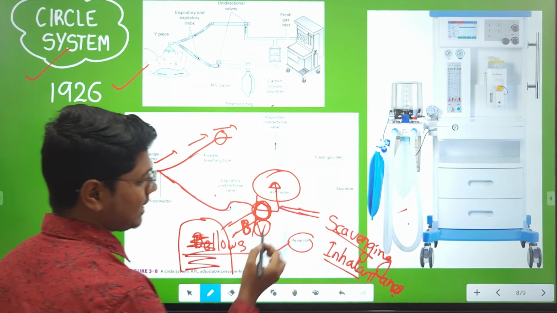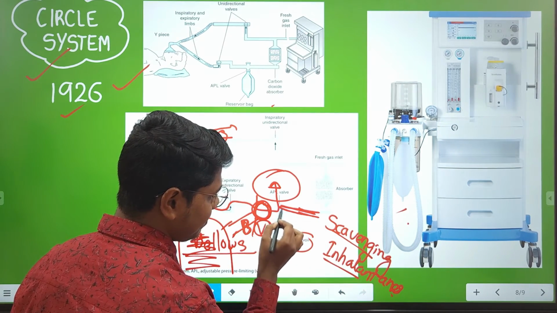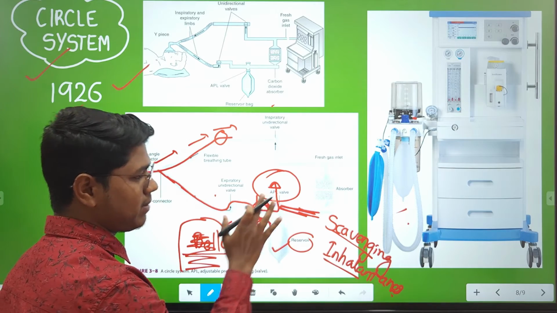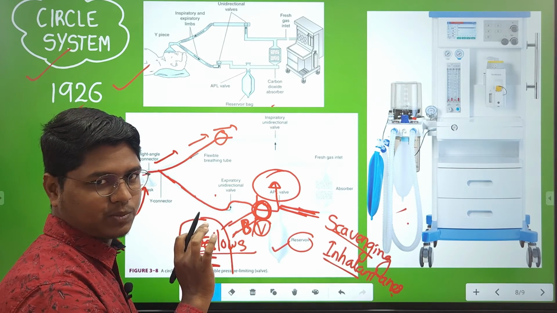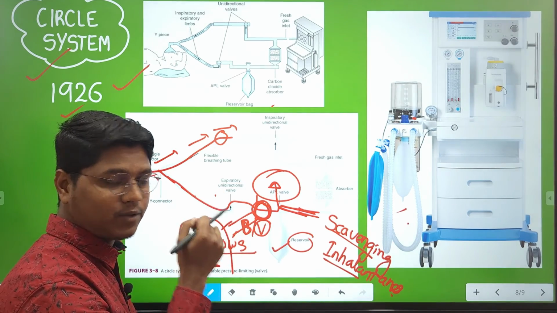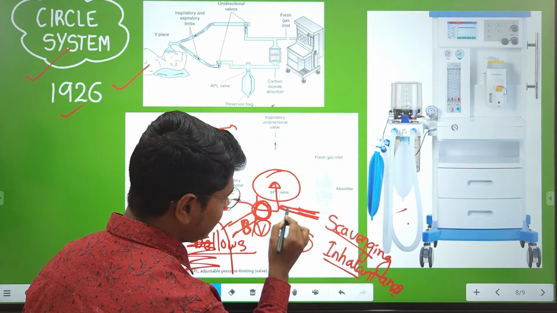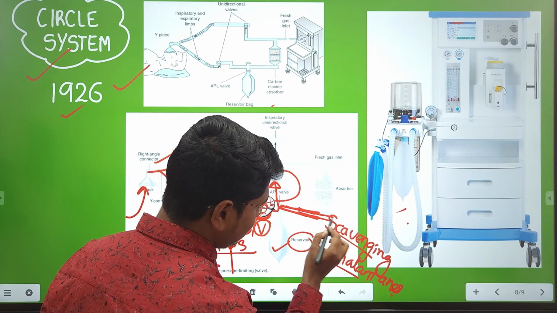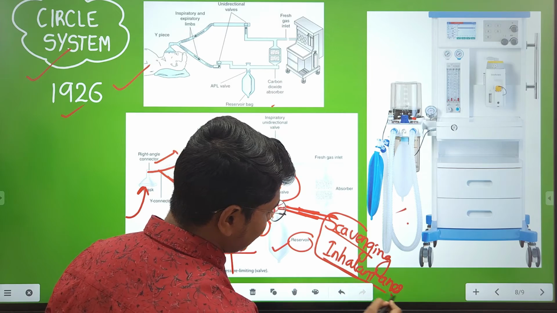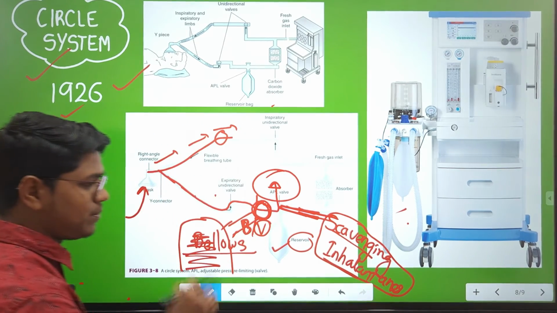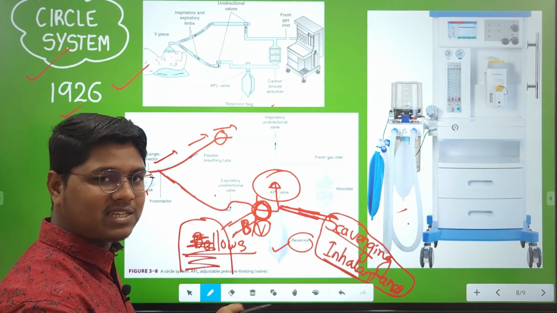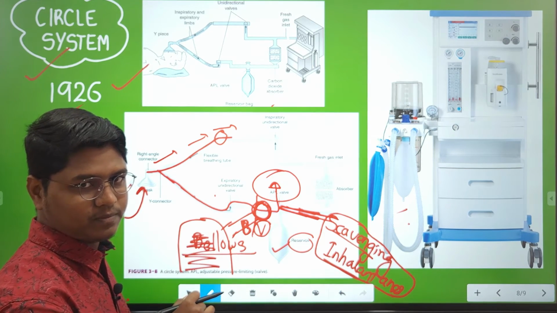So to prevent that, there will be another tube from this APL. Through this APL valve the gas is going to the atmosphere, inside the operating room. So if you provide another tube from here to the scavenging system, which will scavenge this inhalant anesthetic, it can prevent the build-up of inhalant anesthetic inside the operating room.